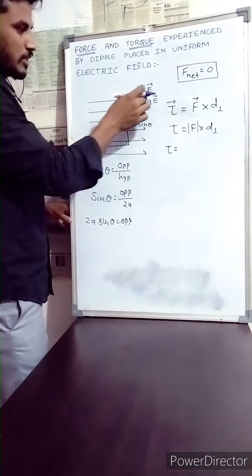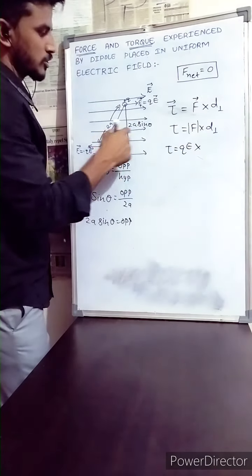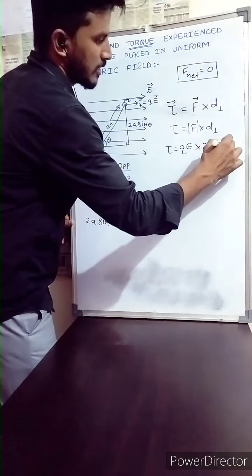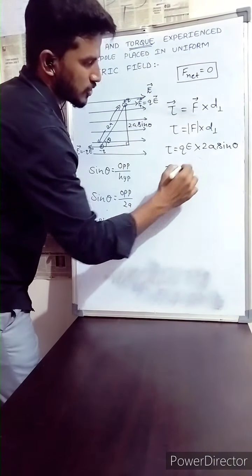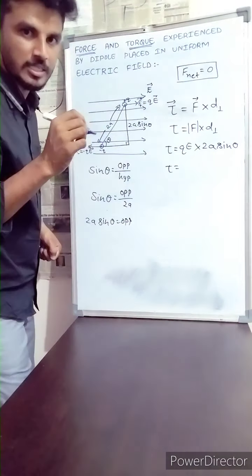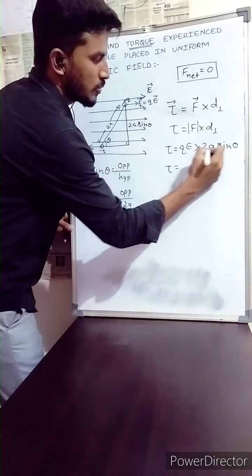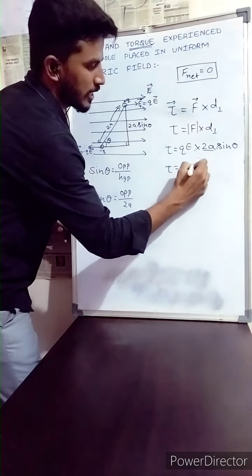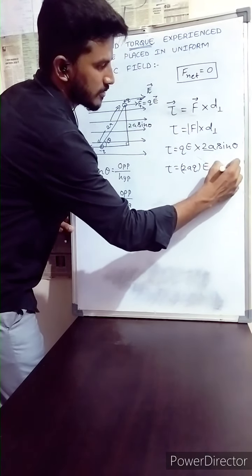Now torque is equal to force. The magnitude of any one of the forces is q into E, into the perpendicular distance 2a sin theta. Dear students, here we have one more parameter called the dipole moment, that is 2aq. I will write here 2aq as one term, and E into sin theta.